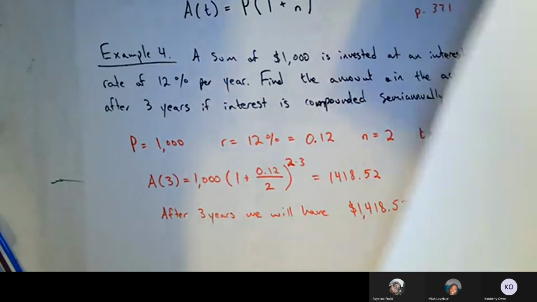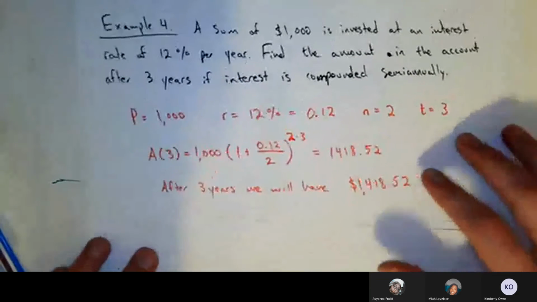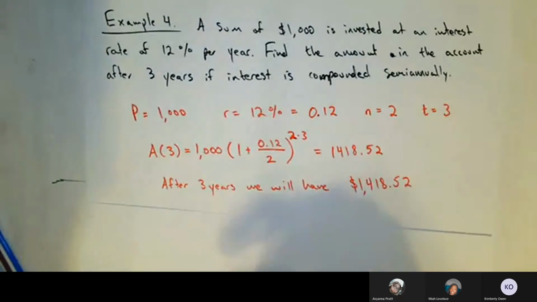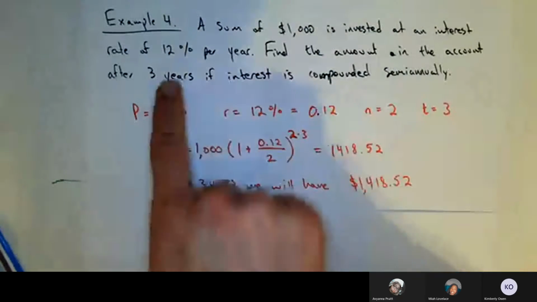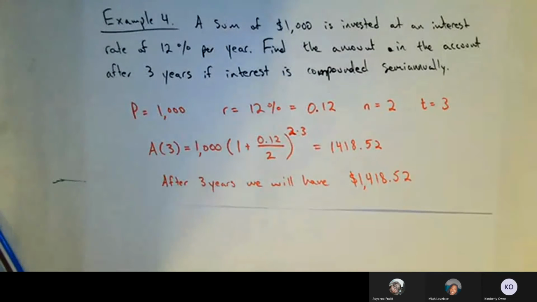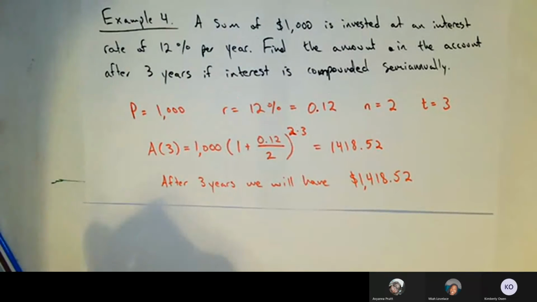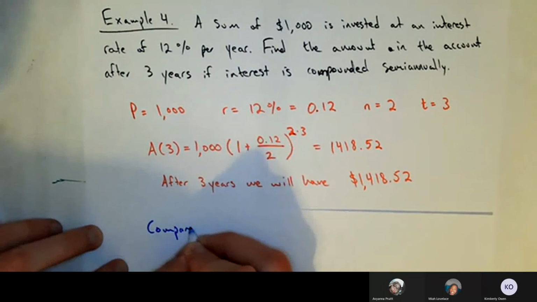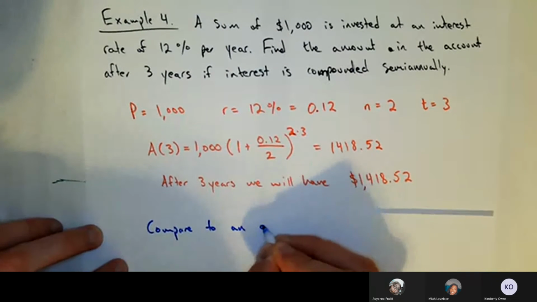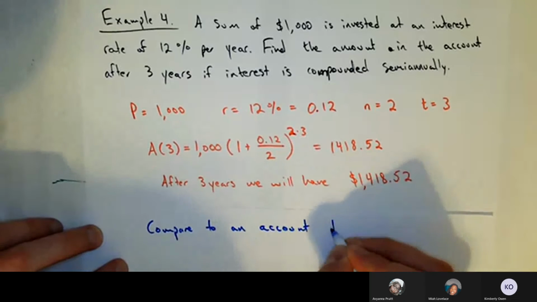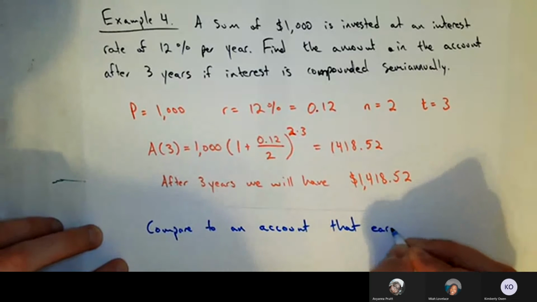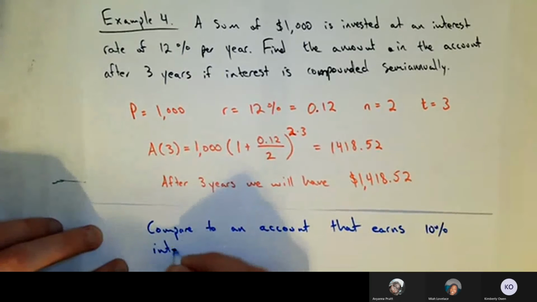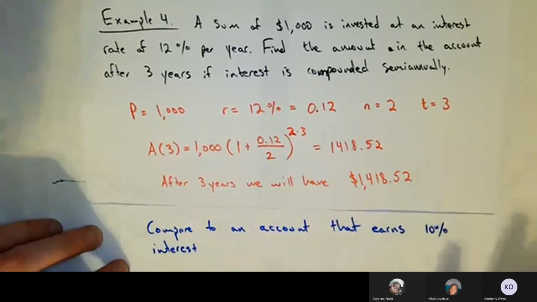Now, I had mentioned, what if you're comparing another bank's interest rate for the same principal, the same amount of money, same time span? Let's compare, as an extra problem here, an account that earns 10% interest, which is lower, right?